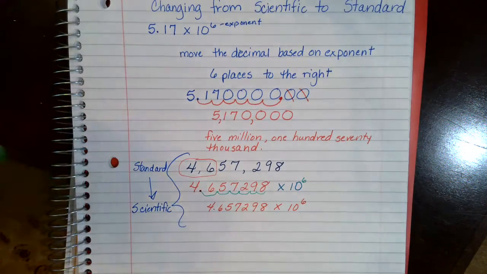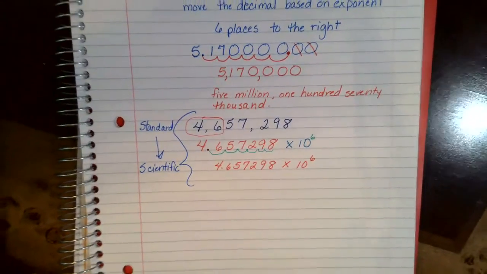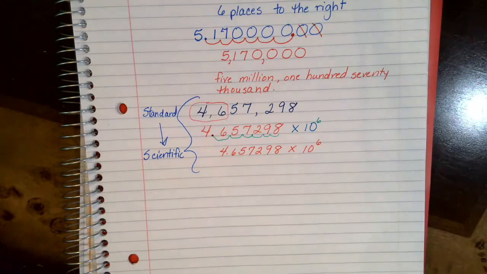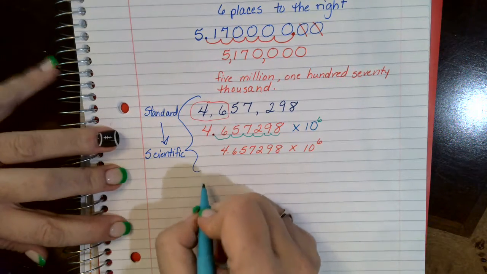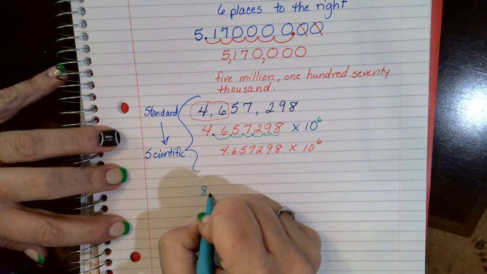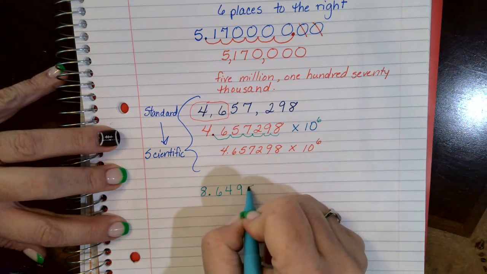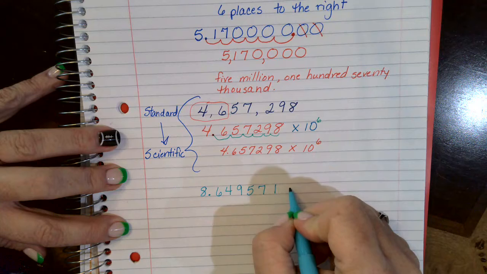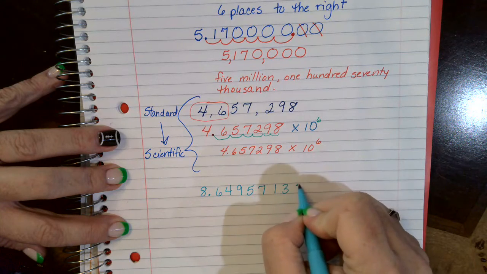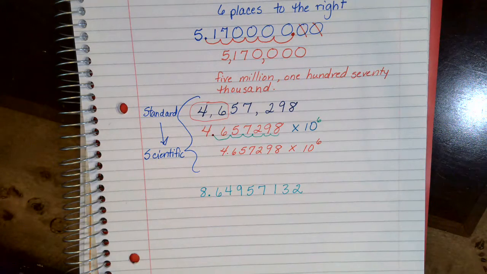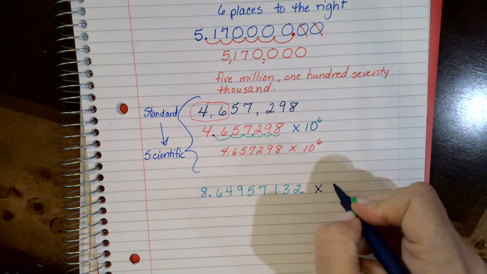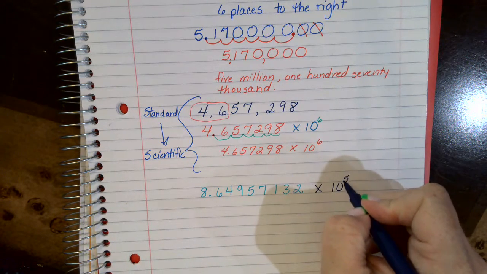Let's practice one moving from scientific to standard. So we can go back and forth all day long, right? So let's do 8.57132 times 10 to the 5th.